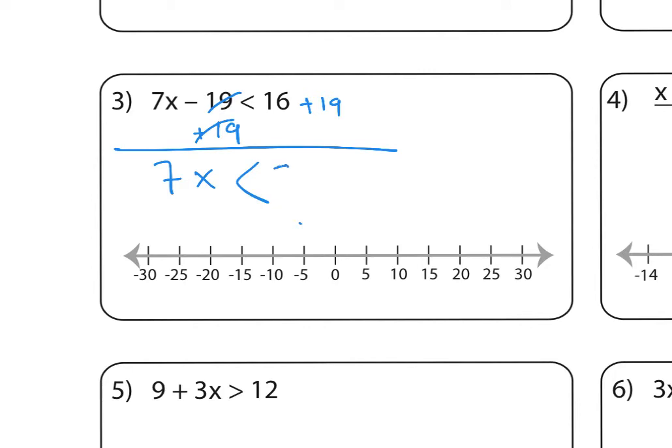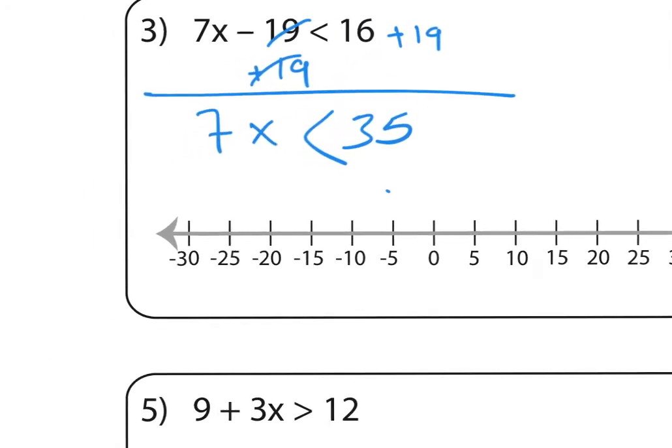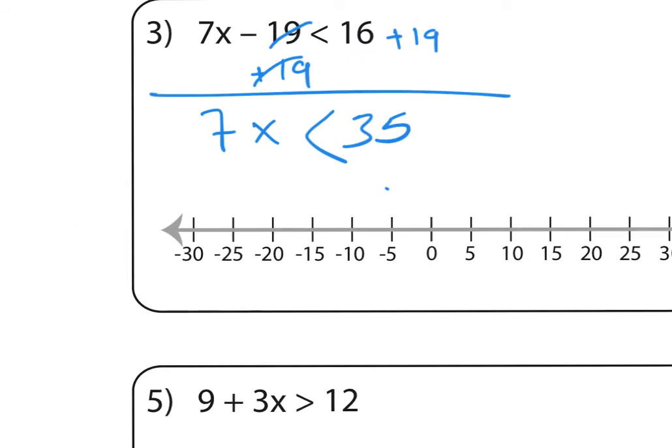And the next step, we need to get rid of 7. So we're going to divide by 7 right here, right? And that will be x less than 5.